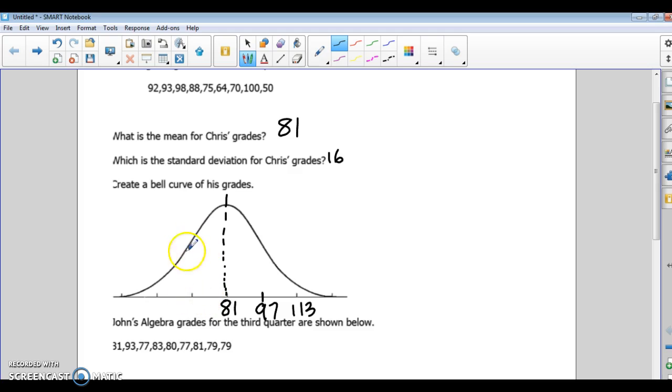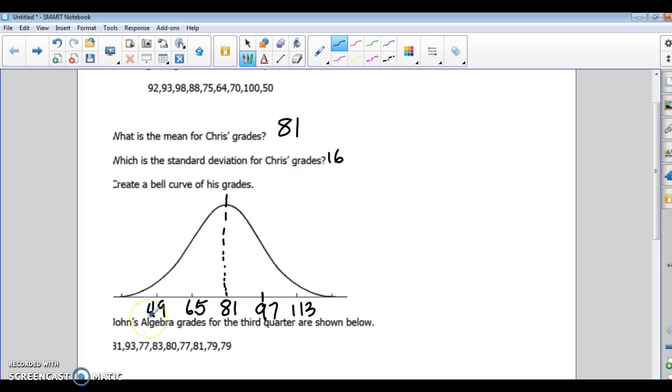Now, if you go to the left side of the bell curve, if the average is 81, how do you figure out one standard deviation lower than 81? What we need to do is just subtract 16 from 81, which is 65. Okay, and then for the next one, we subtract 16 again. That's going to be 49.